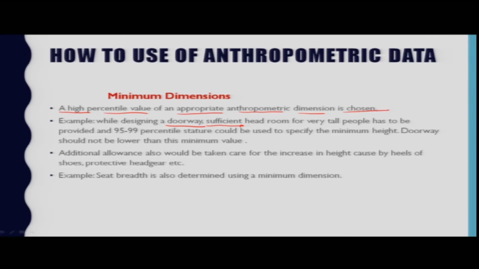So, the first thing that you need to take care of is that sufficient headroom for very tall people has to be provided, and 95 to 99 percentile stature could be used to specify the minimum height. The important point is the doorway should not be lower than this minimum value.